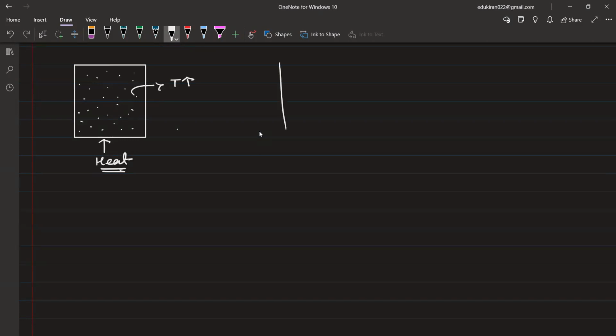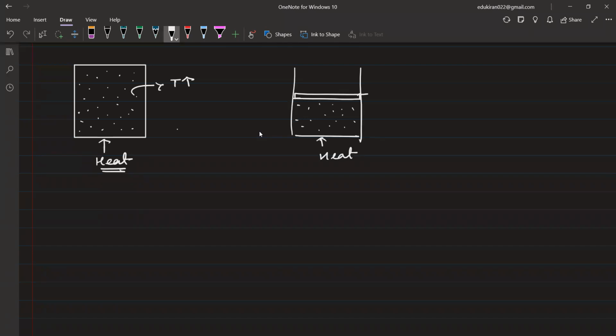But if I have another case in which I have a piston of some sort, and I heat this, the energy of the molecules here is going to increase, obviously, and they start hitting the walls. But right now this is a flexible wall, and they can lift it up.